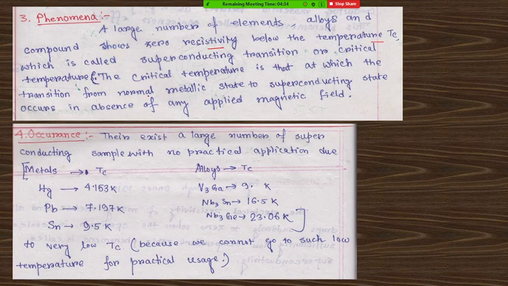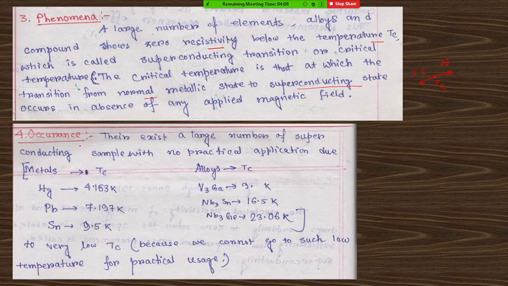The critical temperature is that at which the transition from the normal metallic state to the superconducting state occurs. Okay, so this is the superconducting state. The temperature below which the state is superconducting, and above which it is normal, is called the critical temperature or the superconducting transition temperature.